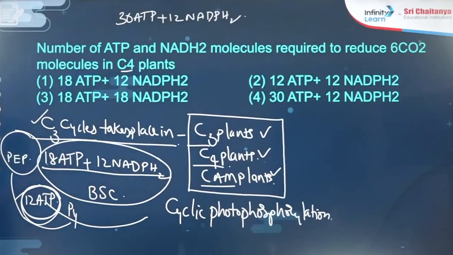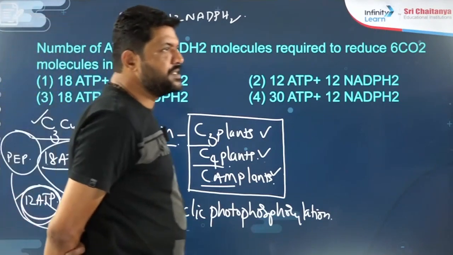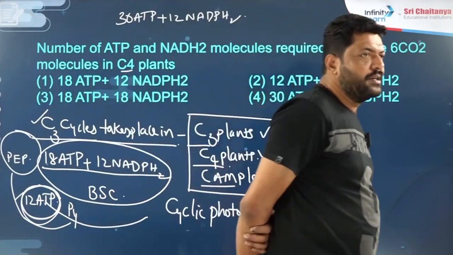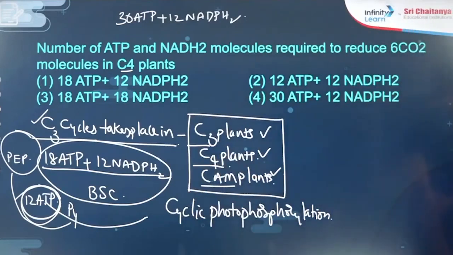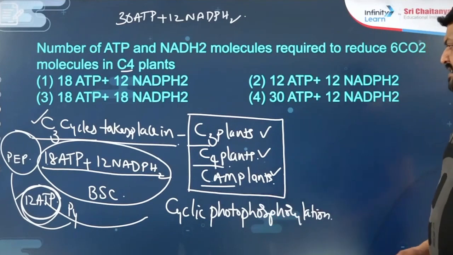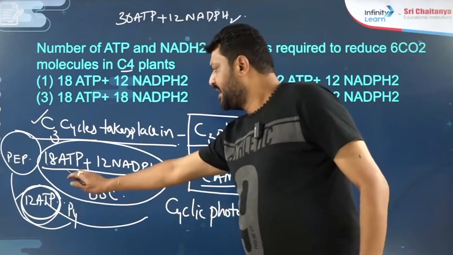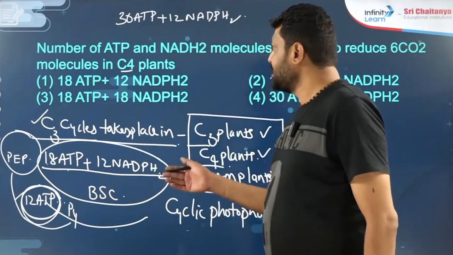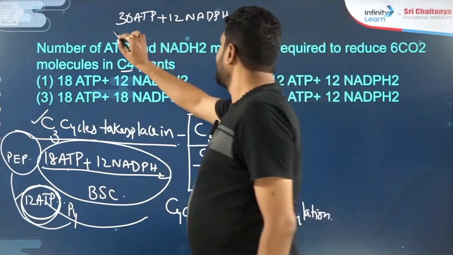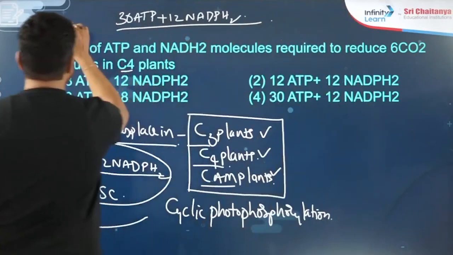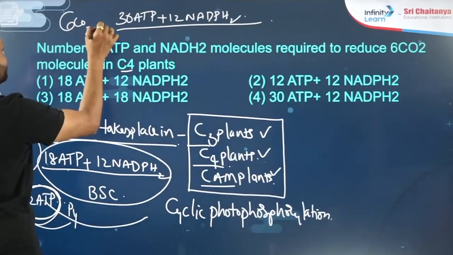It means he is asking only about ATP synthesis. Only ATP is synthesized in cyclic photophosphorylation. So the extra ATP required is 12 ATP. The regular requirement is 18 plus 12, 30 ATP, and 12 NADPH is required for 6 CO2 reduction in C4 plants.